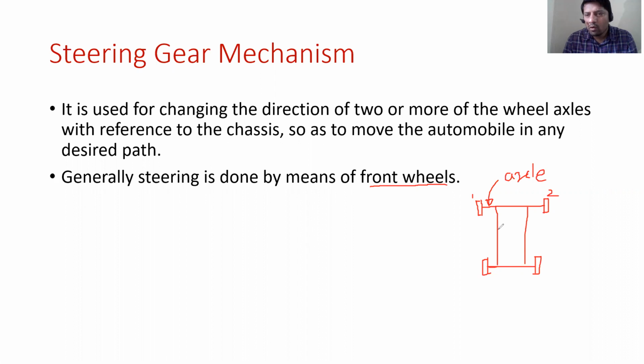Now in case of the front wheels, the axles at front can be changed in direction. Suppose it is possible to change the direction of this axle like this.